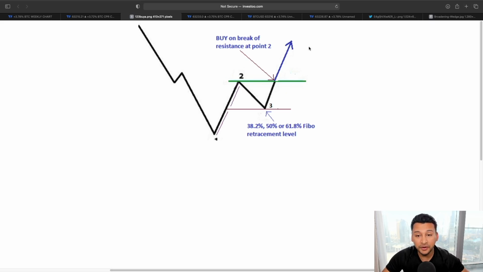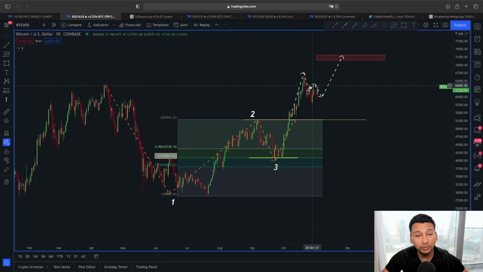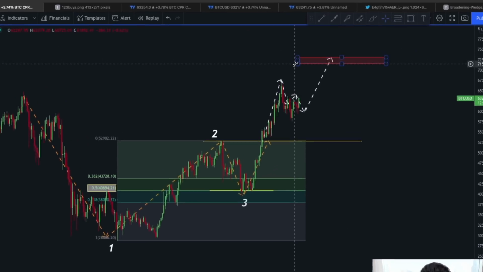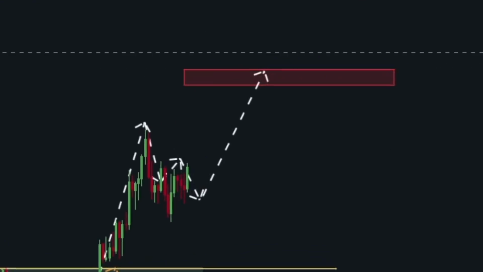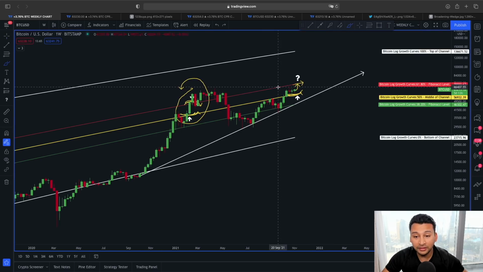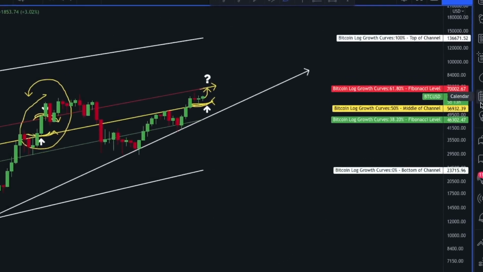In our case, the first target was this 61 to 62,000 price range. Price came around that range and we saw this consolidation. But the second price target, which is lying around the 70 to 72,000 price range, is still open, also with this 61.80 Fibonacci line lying around the 70,000 range.